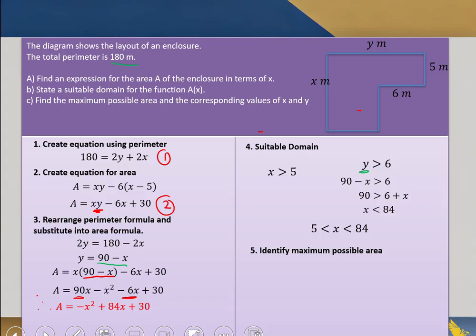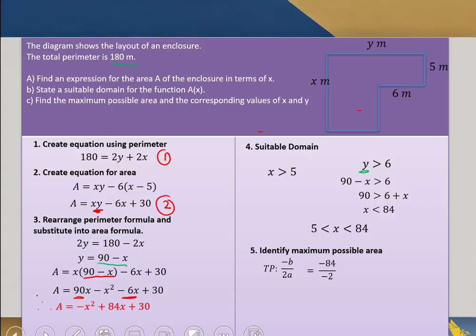If you're thinking about the relationship with area, then the next part we need to do is make sure we know the relationship of x to A. Now, if we're trying to find the maximum point, we're finding the turning point. One of the things with turning point is we can use the axis of symmetry. The axis of symmetry is negative b over 2a, which is part of the quadratic formula. b here is 84, and a here is negative 1.